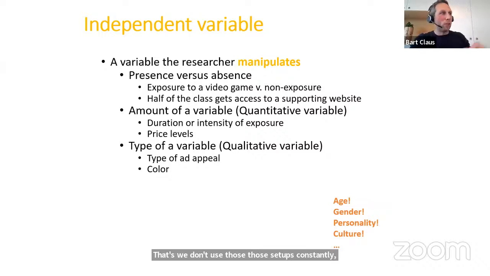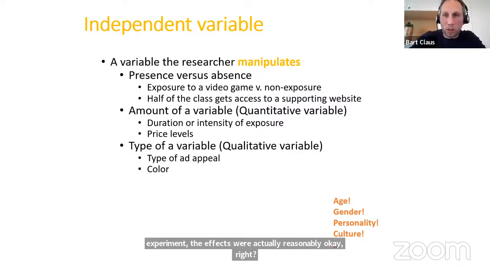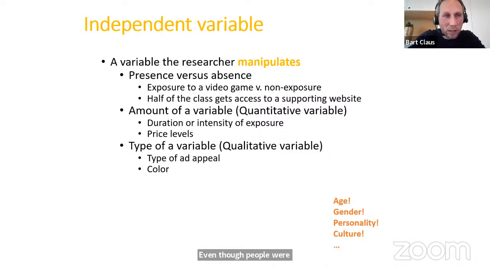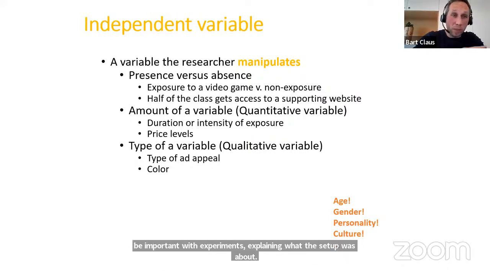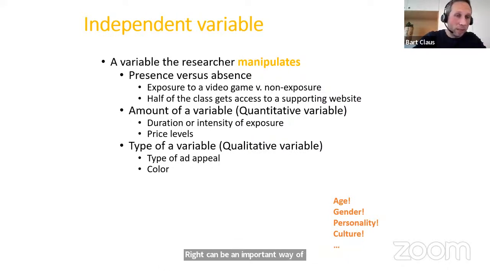Now it turns out that for the Milgram experiment, the effects were actually reasonably okay, right? Even though people were surprised of themselves. Those people were followed up, and debriefing people can be important with experiments. Explaining what the setup was about can be an important way of mitigating negative effects.